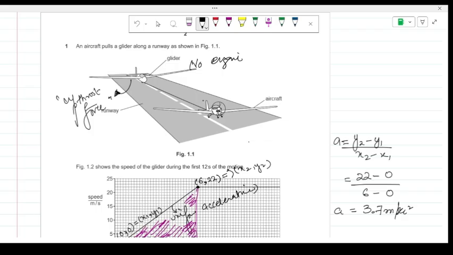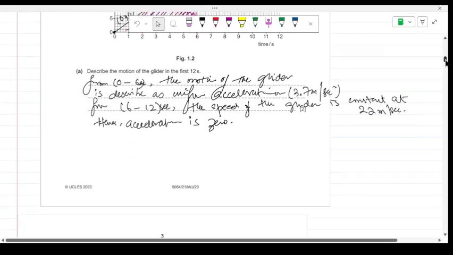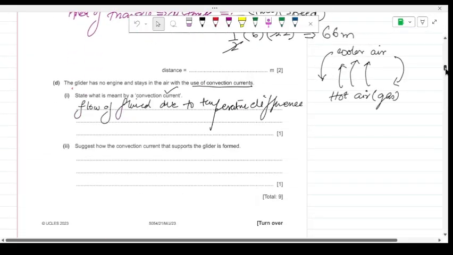When this object moves in the air, a temperature difference is created between the wings of the glider, and that temperature difference creates an upthrust force, or pressure from the downward direction, in order to lift the glider. So by creating a temperature difference, we can generate a convection current, or the flow of the fluid, and that flow of the fluid helps the glider to move in the air.